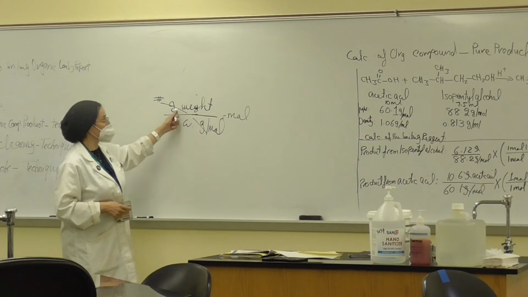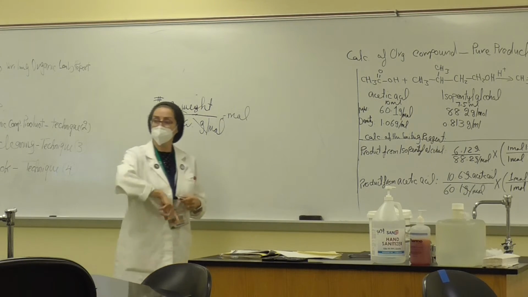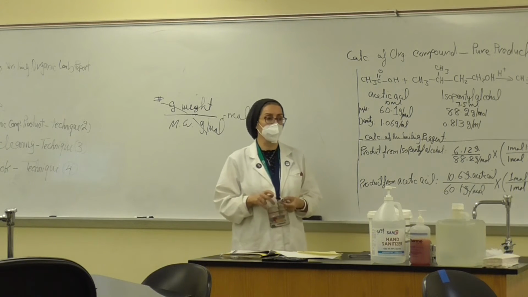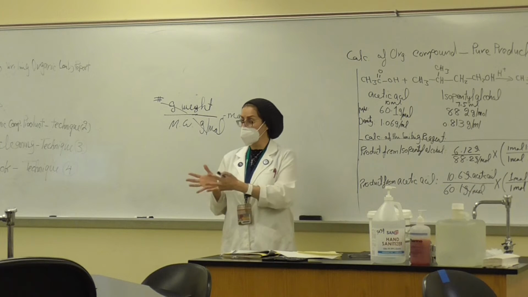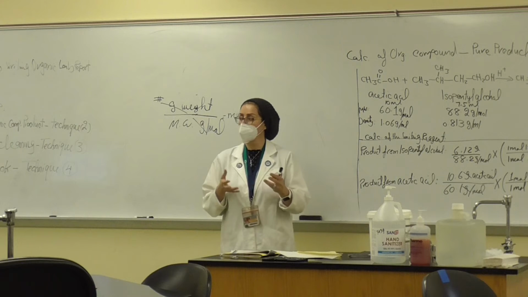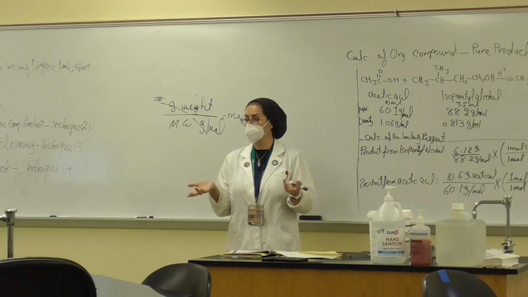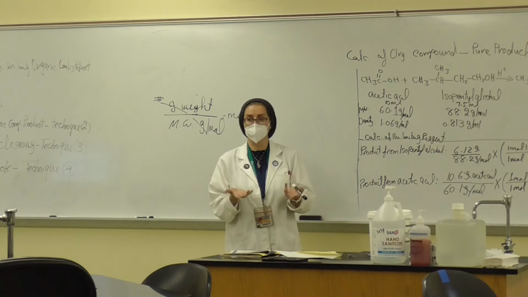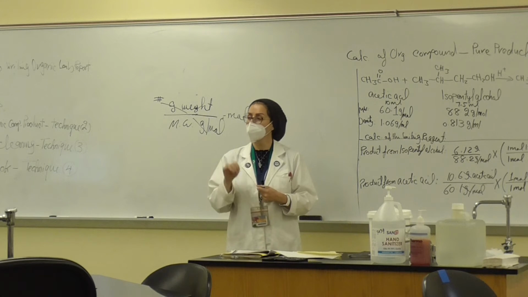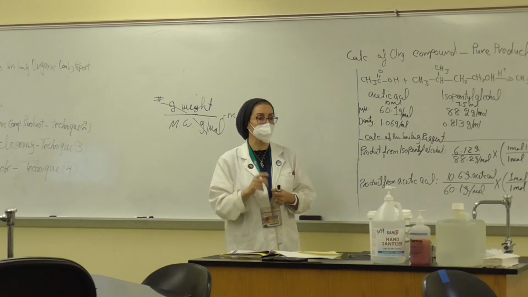But I don't have grams, I have milliliters. How are we going to convert it into grams, in other words, volume into weight? How do we do that? They gave you all the information required to do this calculation. Can somebody tell me how to convert from volume to weight using what?